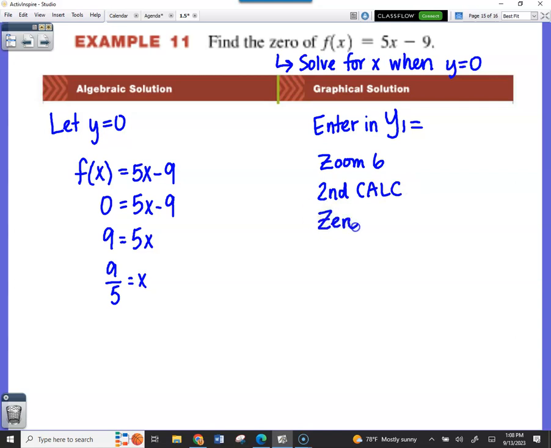It's going to give you the option find the 0. It's going to ask you 3 questions. This should sound familiar. It's going to say give me a left bound, a right bound, and a guess. And then you hit enter, and it will spit out to you that it's 1.8, which is 9 divided by 5. I'll show you how to do that in the calculator tomorrow if you're rusty on it. We have practiced it already.